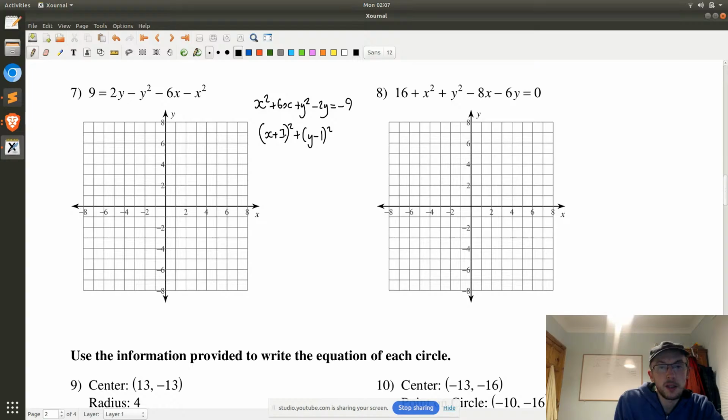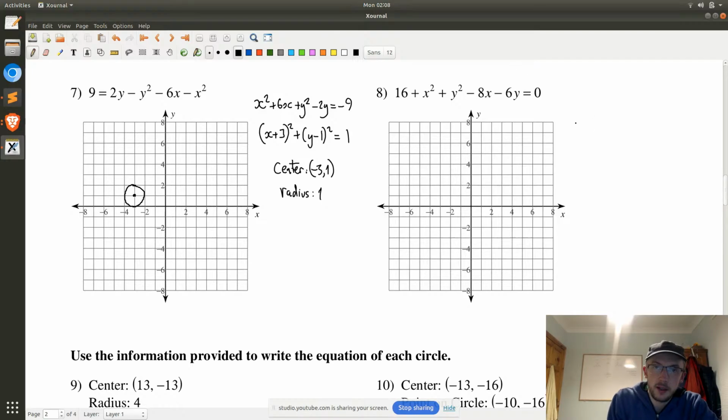Like that. This contributes a 9. This contributes a 1. So together that's 10. We have to take away 10 and then add on 10 to the right hand side. So 1. So it's going to be the circle that has a center of -3, 1 and a radius of 1. So -3, 1, it'll be there, and it'll be a real tiny unit circle like that.